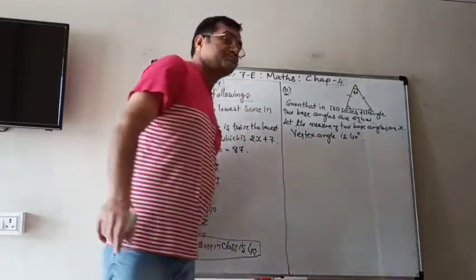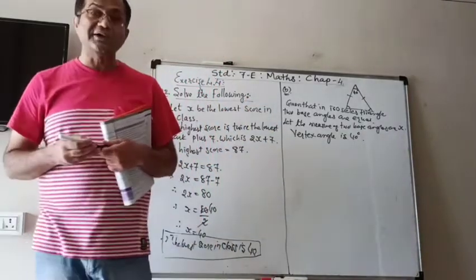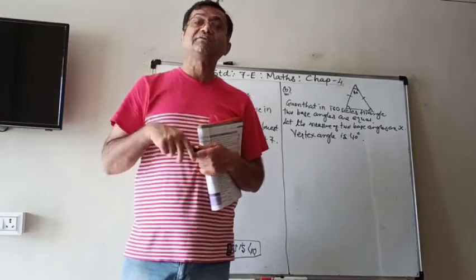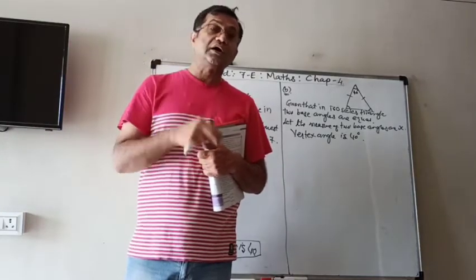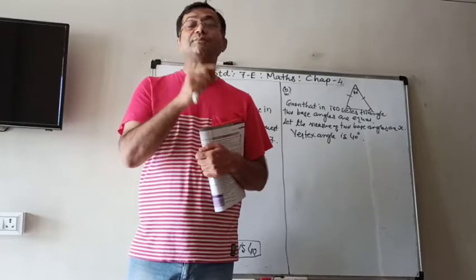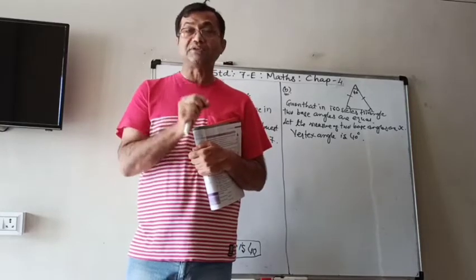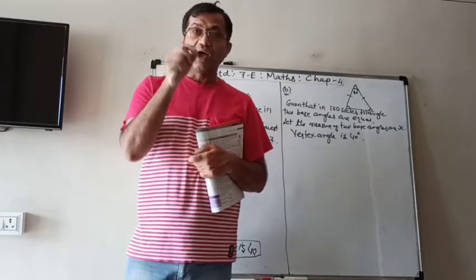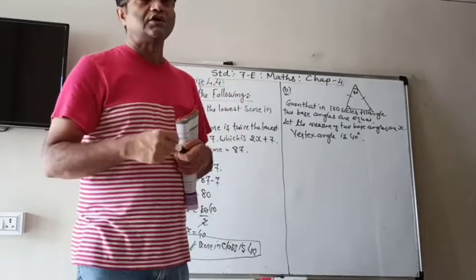Now we have to go to geometry. In geometry we learn the angle sum property of a triangle. The sum of the three angles of a triangle is 180 degree. Here we have to use that.